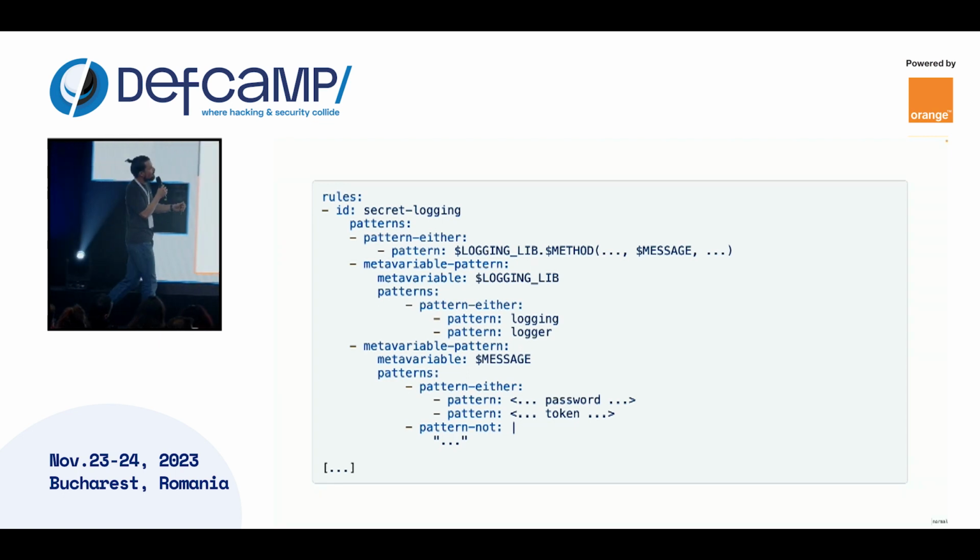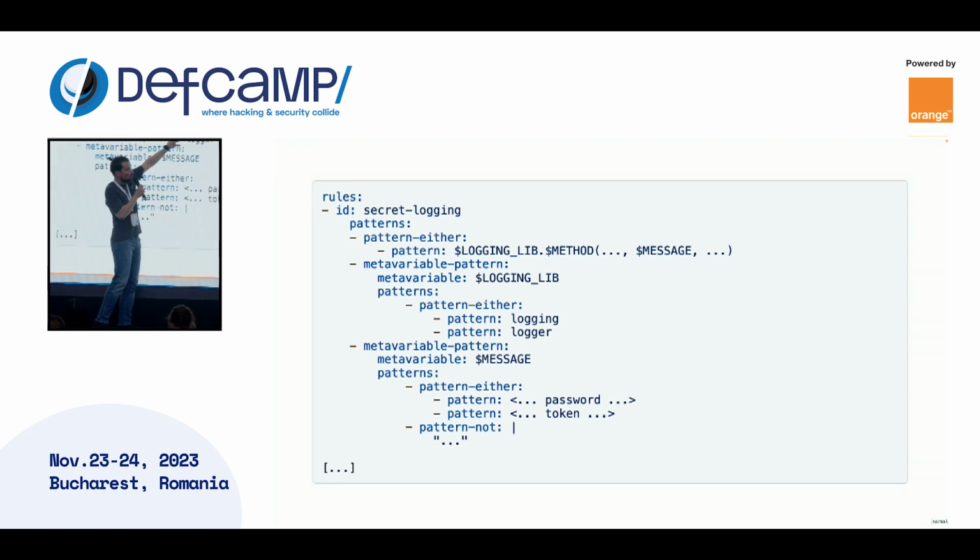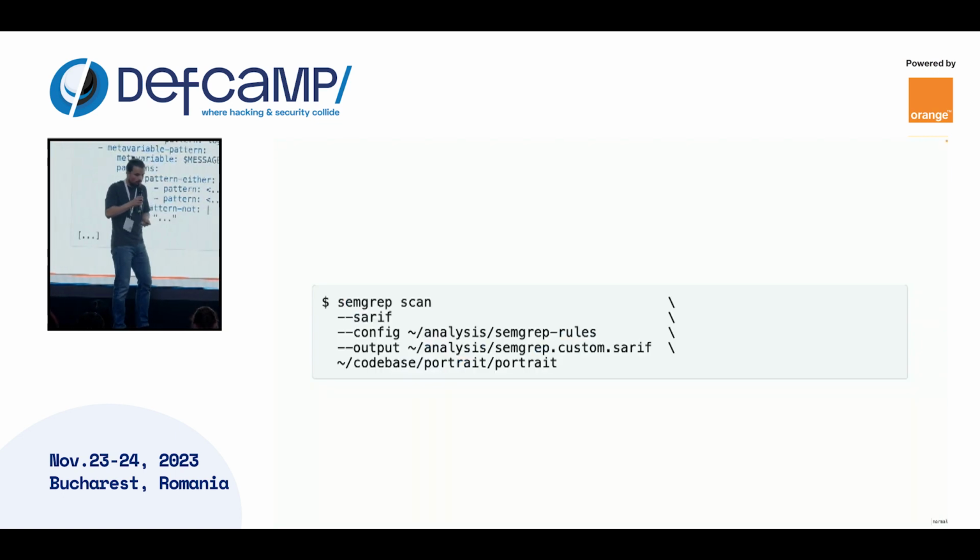And here I have some logging modules, some methods that can be called, for example, logger.info, let's say, and that has a specific message. And in this rule, I try to detect the passwords and the tokens which are logged. So I'm writing here a pattern, a meta pattern, in which I'm specifying password and token.